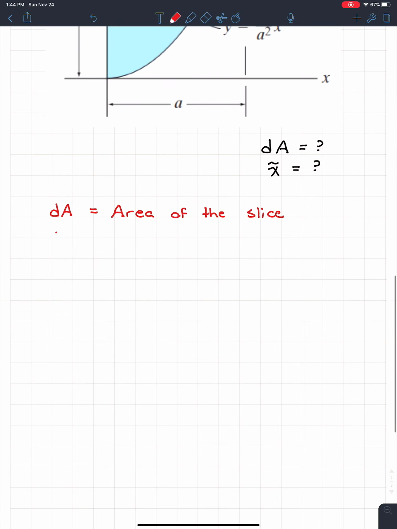And x squiggle is the distance from the axis to the centroid of the slice.